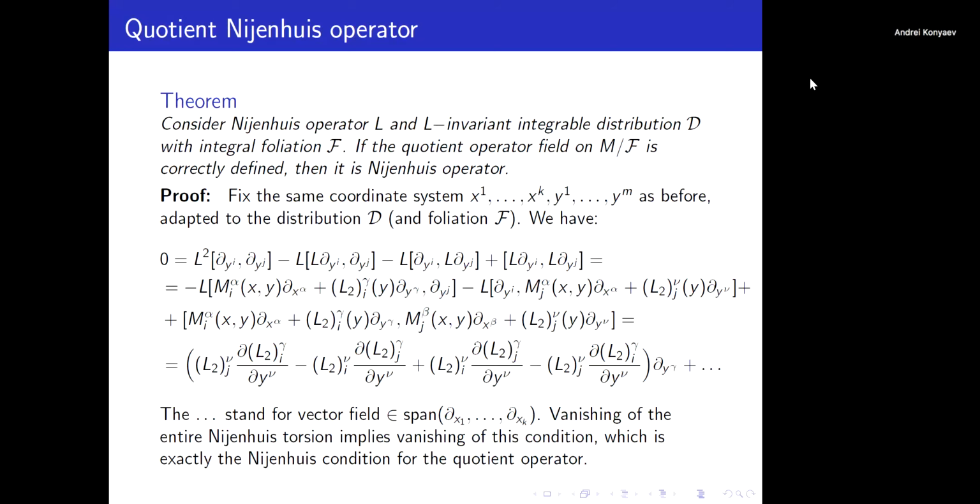Okay, so what we do, we take a Nijenhuis operator L and an L-invariant integrable distribution, and we assume the quotient operator exists, because these are different types of differential conditions which basically have nothing to do with a Nijenhuis operator. They exist on their own.